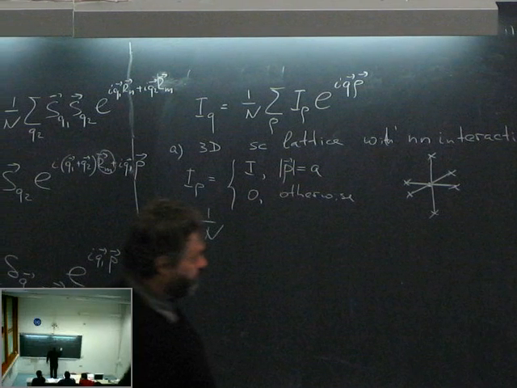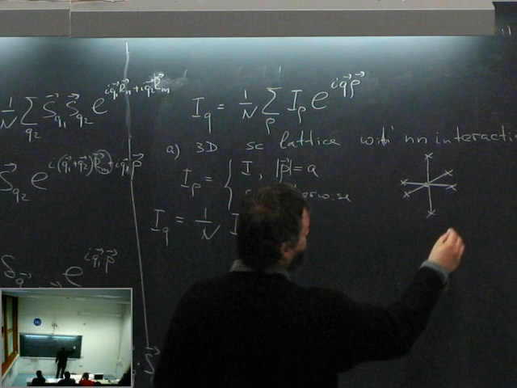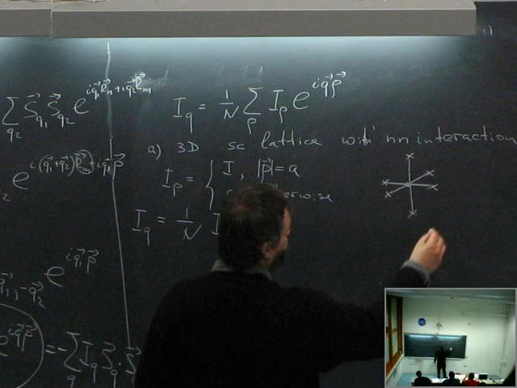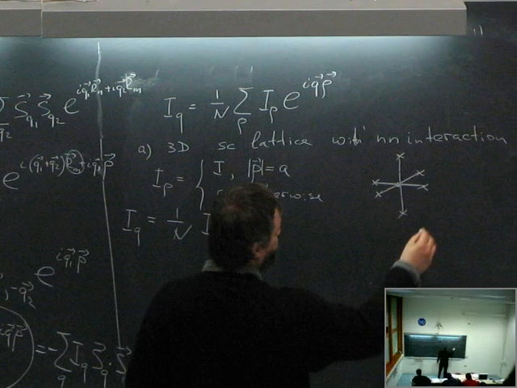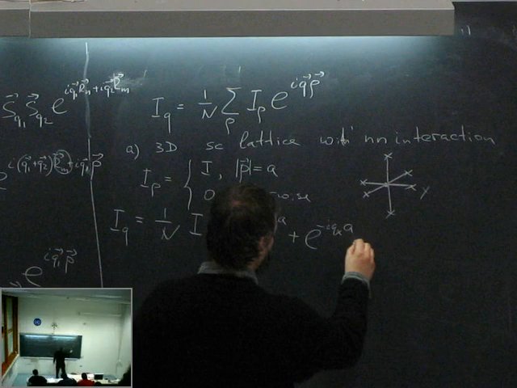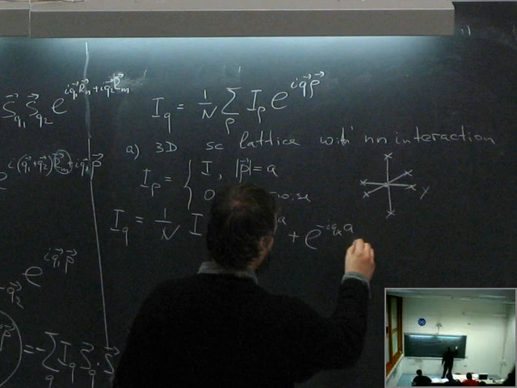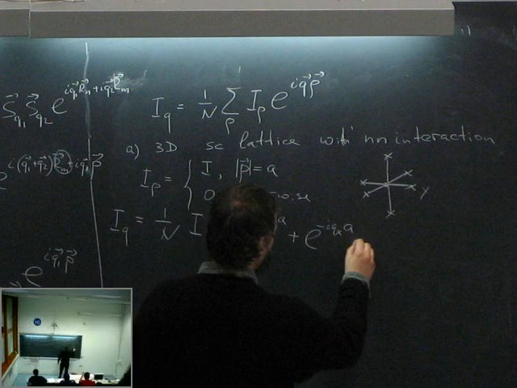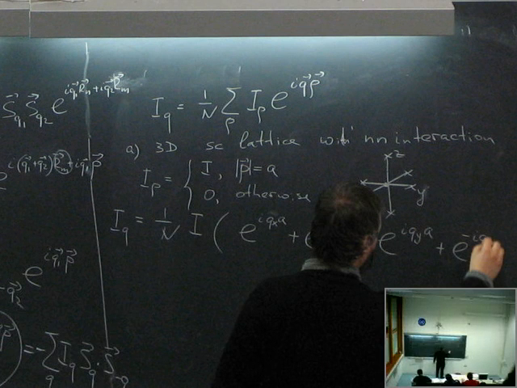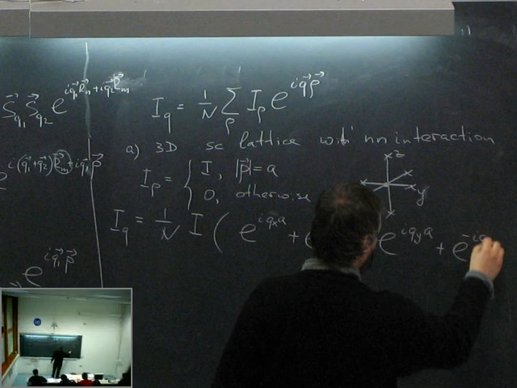So it is equal to I over N. When I take the direction x, then it is e to the power i q_x a plus e to the power minus i q_x a. Plus, I take the direction y, so it will be e to the power i q_y a plus e to the power minus i q_y a. And the same for the z direction: plus e to the power i q_z a plus e to the power minus i q_z a.